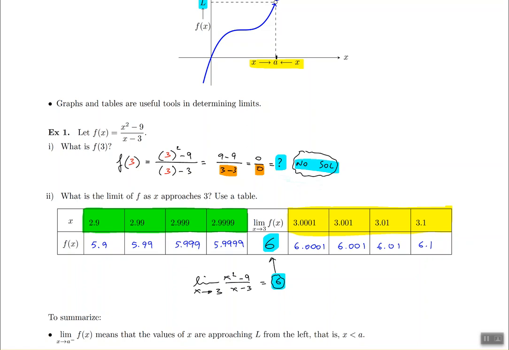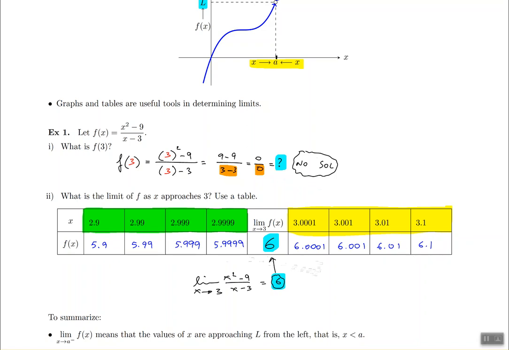What's the reason for that? All the numbers before it and all the numbers after it are giving you something close to 6. So the number that makes sense is 6. In other terms, the limit should be chosen as 6.